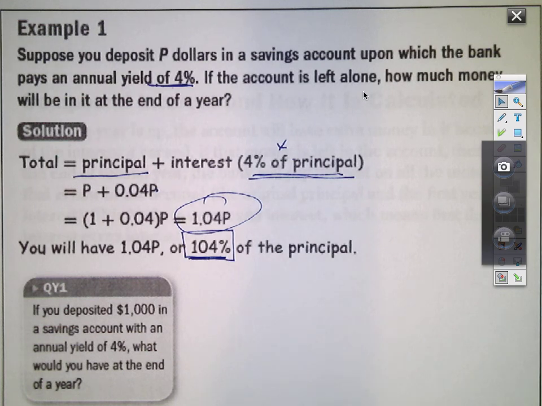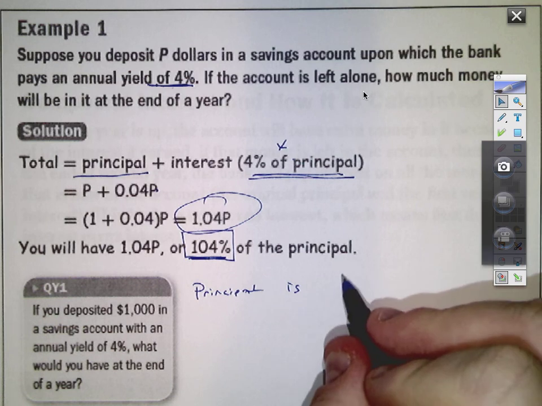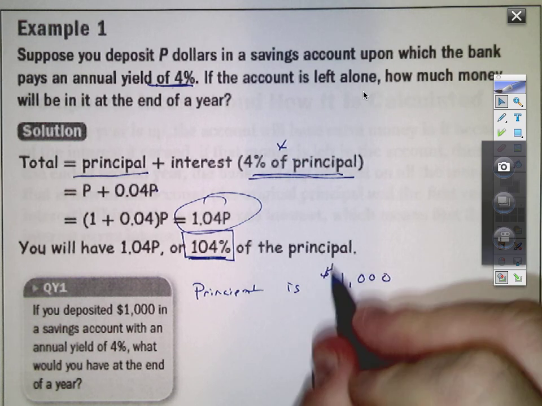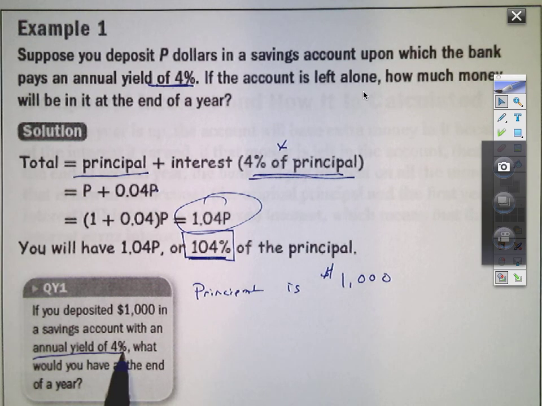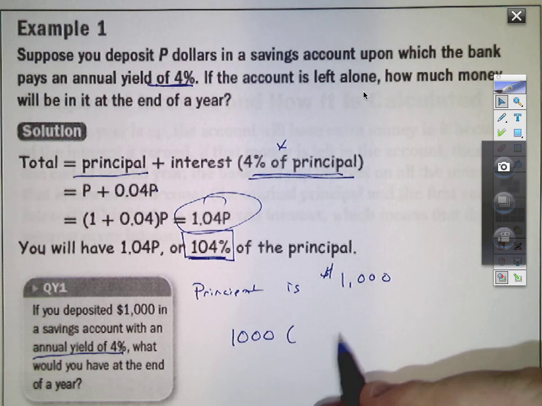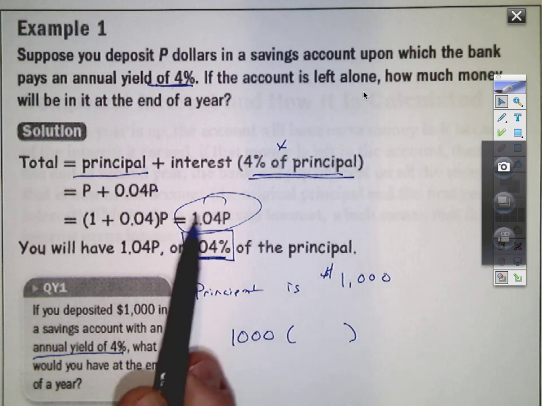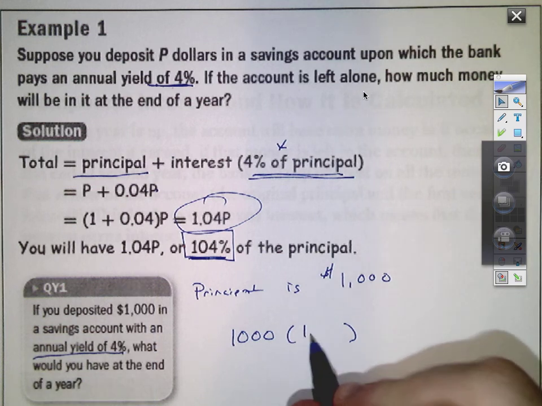Let's look at Quiz Yourself 1. If you deposited $1,000 in a savings account with an annual yield of 4%, what would you have at the end of the year? In this case, our principal is $1,000. Now, kind of like up above here, our annual yield is still our 4%. So, I'm going to take my principal times, like we did up here, 1.04.